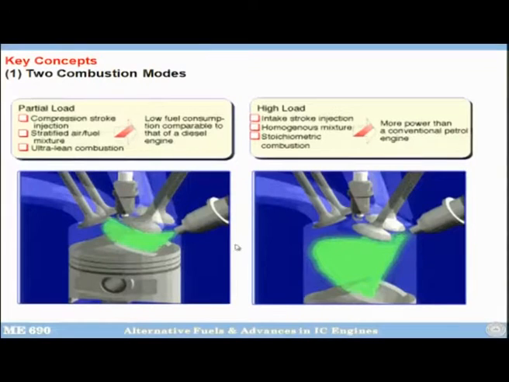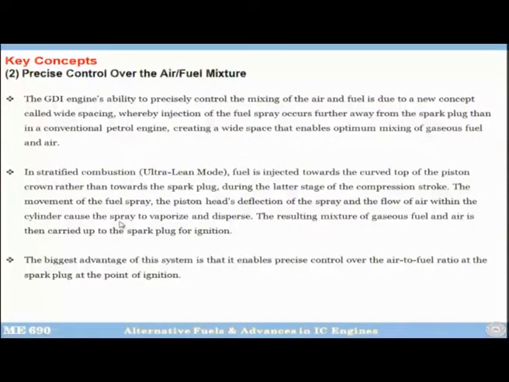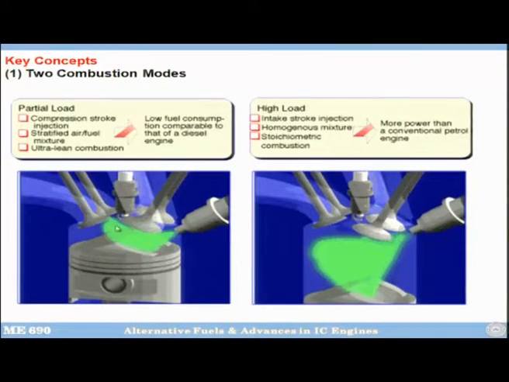So here this cartoon actually explains these two combustion modes. This is the partial load condition. In the partial load condition, the piston is coming up and you are doing this injection, and through this curved top piston you can see all the fuel will get concentrated very close to the spark plug. Okay.